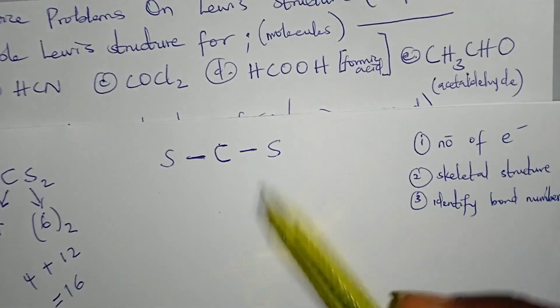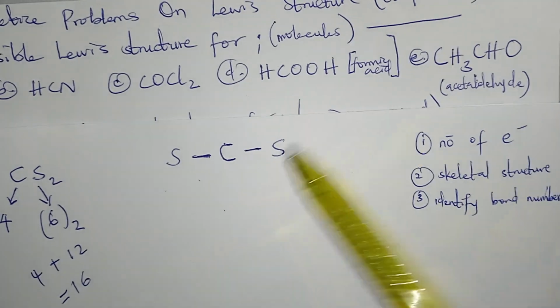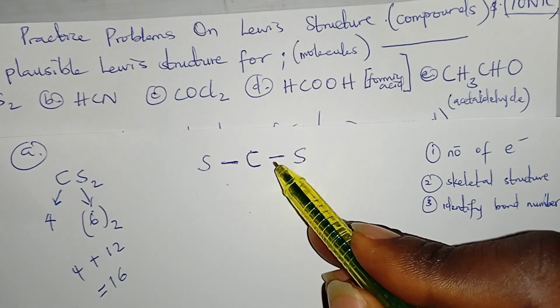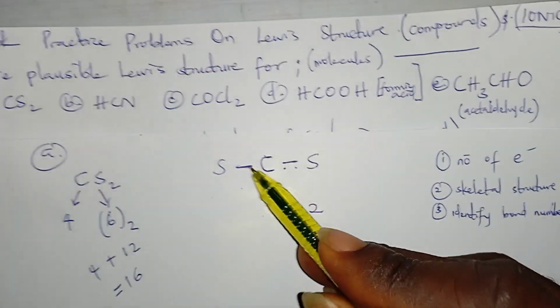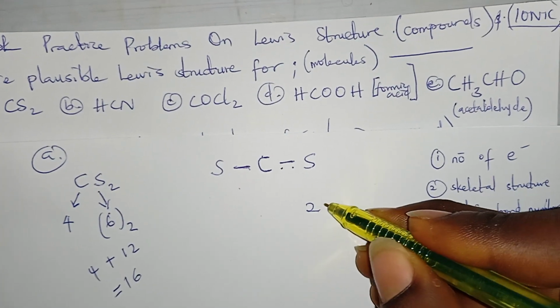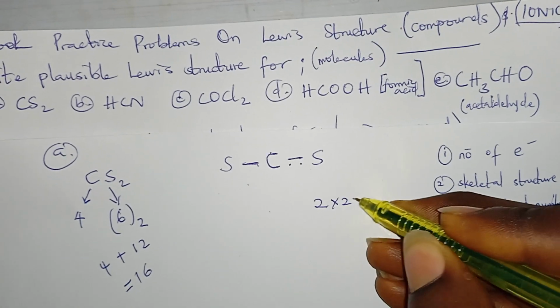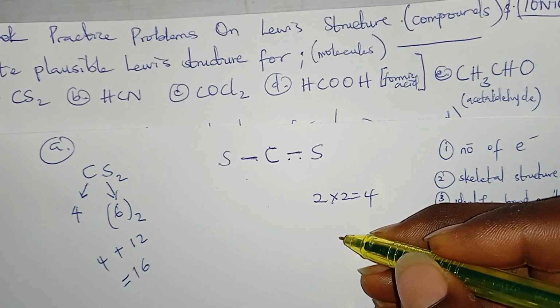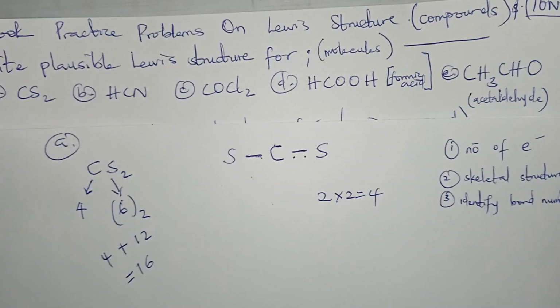In this particular question, we have 2 bonds. On each bond I have 1 electron, 2 electrons. So if you have 2 bonds, it means 2 times 2 equals 4. If you have 3 bonds, it means 3 times 2. If you have 20 bonds, it means 20 times 2. So in this case we have 4.